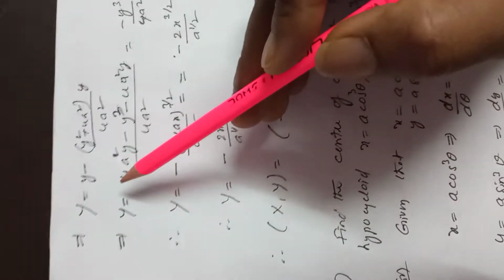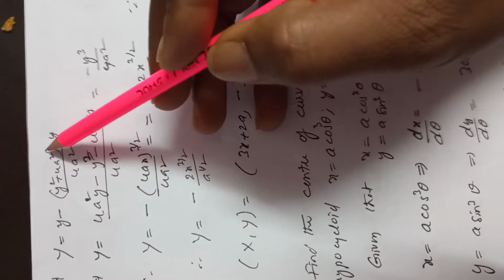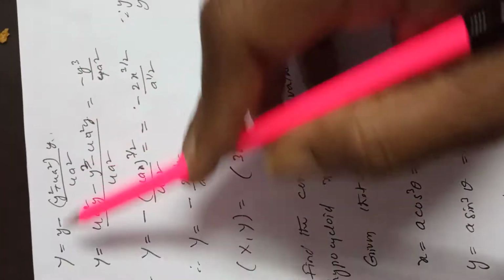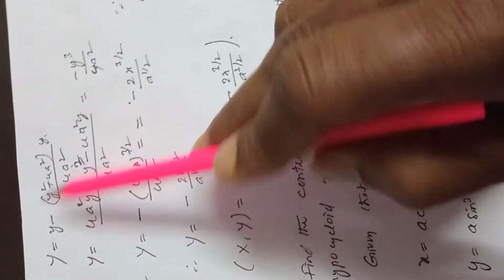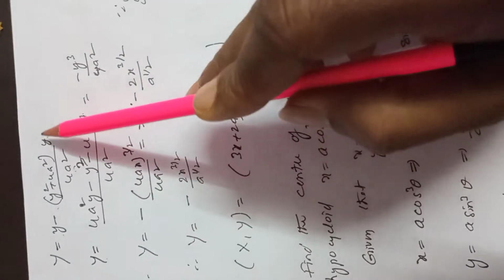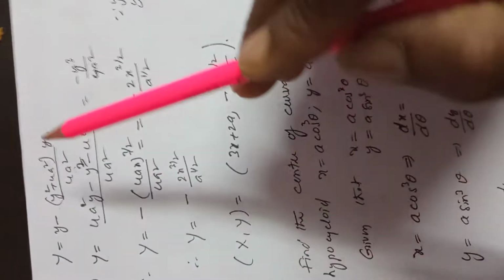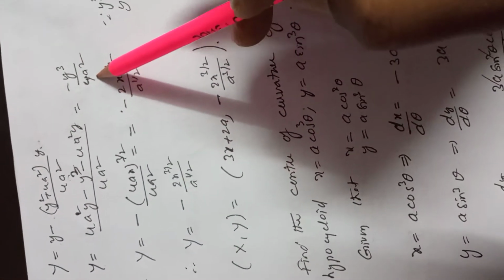Now further simplification, capital Y is equal to y minus y square plus 4a square by 4a square into y, multiplying this inside and taking LCM, capital Y is equal to 4a square y minus y cube minus 4a square y. These two get cancelled, minus y cube by 4a square.